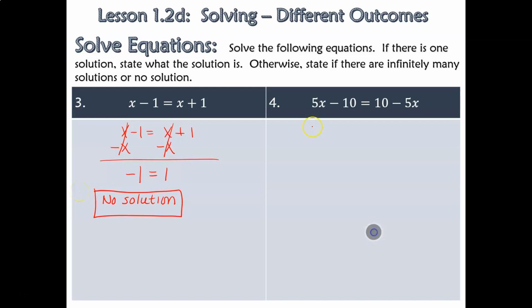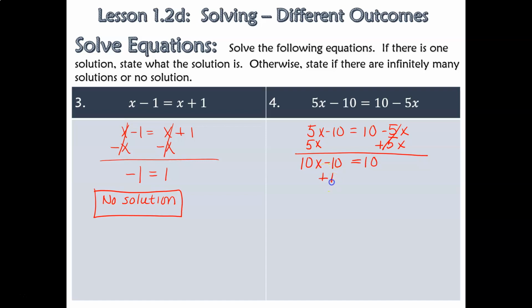Number 4. This time, when you add 5x to each side, I have 10x minus 10 equals 10. Holy cow, there's a lot of 10s.